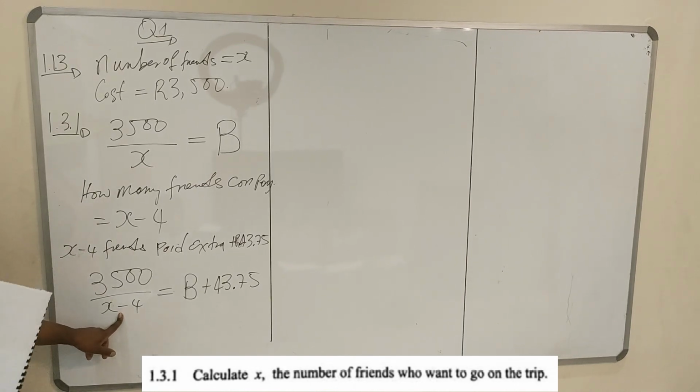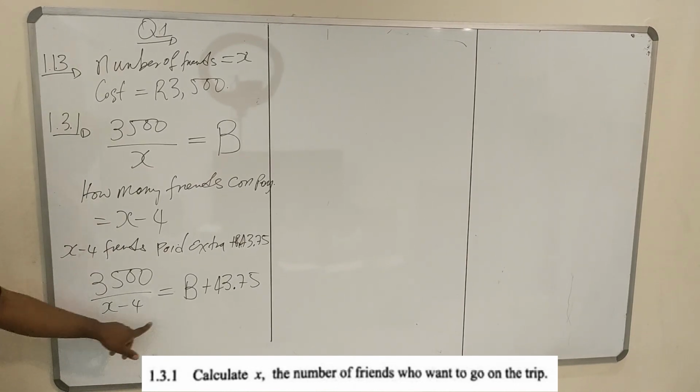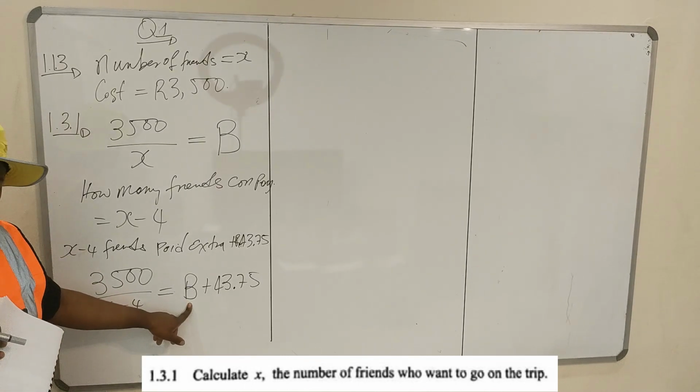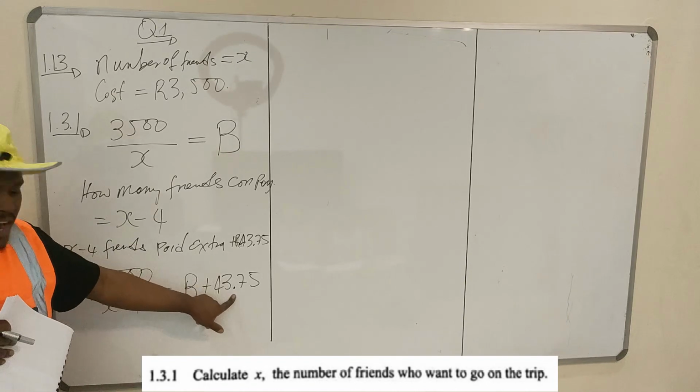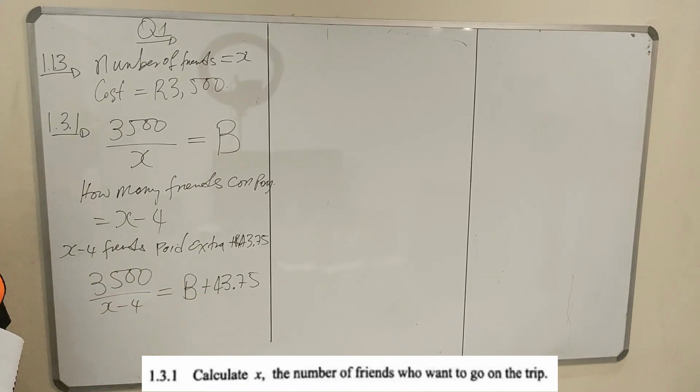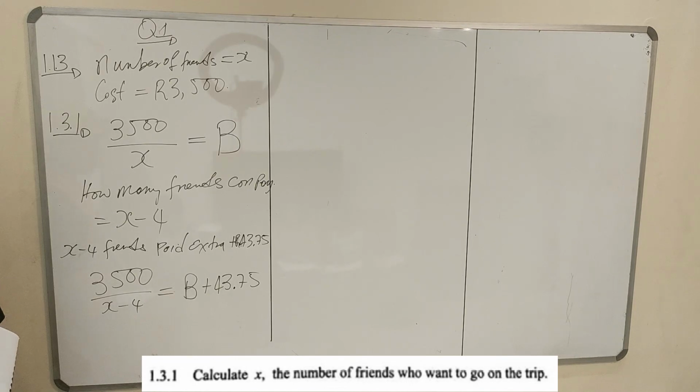So these guys will pay the amount each was supposed to pay in the first place, and on top of that you add the extra 43.75 that they want to pay.